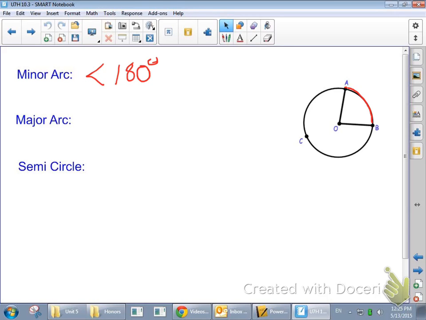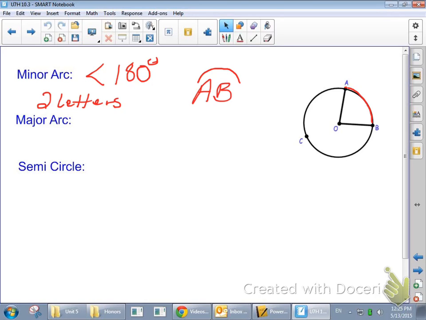And how do I write that? The notation for a minor arc uses 2 letters. So I would write arc AB. The arc notation is this arc above the letters AB.